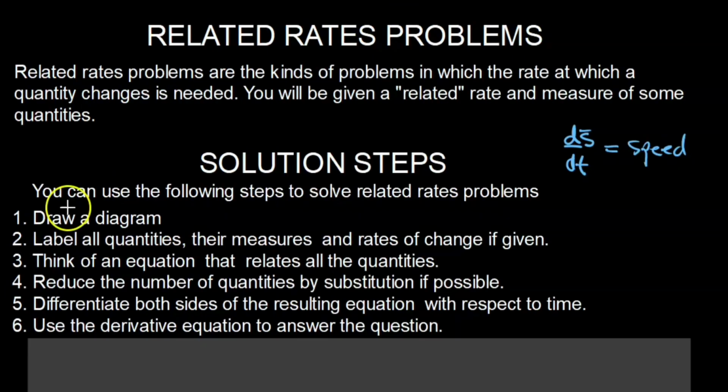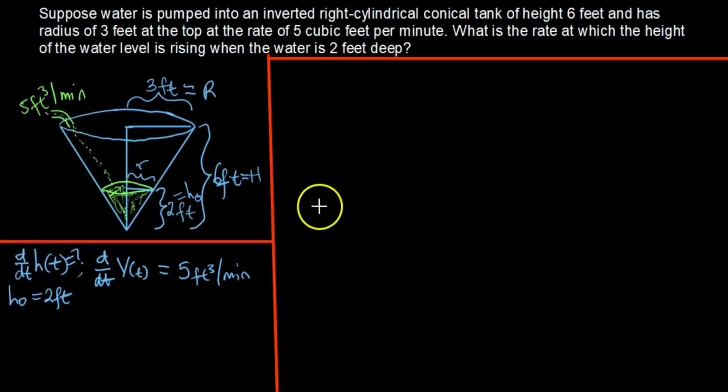Then the next thing would be to think of an equation that relates all the quantities. Well, it's not too hard to think of it. Here we are talking about the volume of water, and as you can see, this water has a conical shape, because it's inside an inverted cone, a conical tank. Since the shape of this water is a cone and we are looking at volume, you just think about the formula for the volume of a cone.